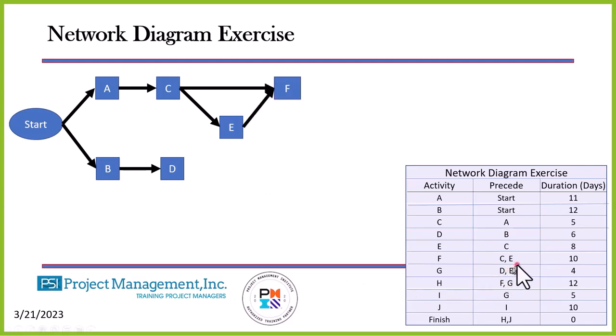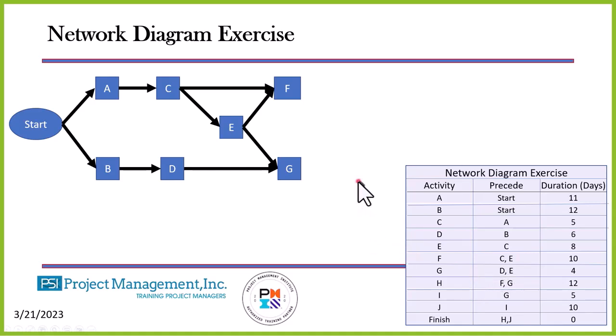I noticed also that E precedes F as well. Does E precede something else? Yes, E precedes G. What precedes G? We look at that and we see that D precedes G as well. So right here, D and E precede G.